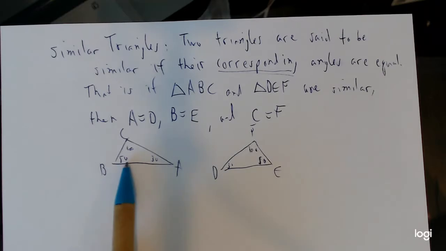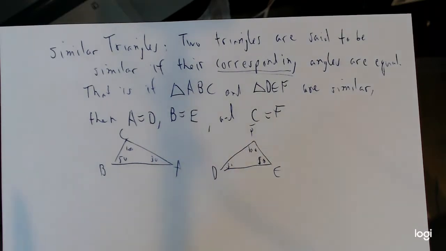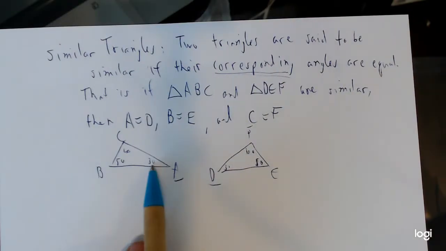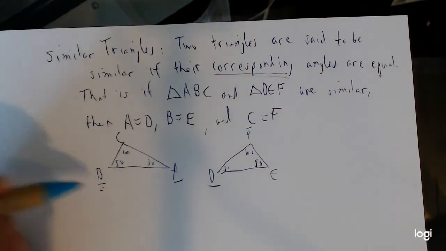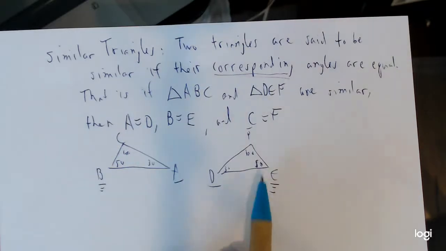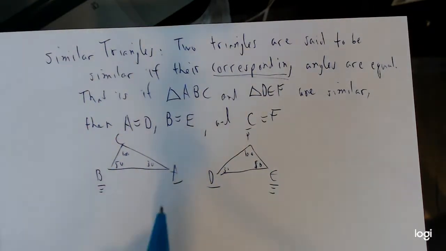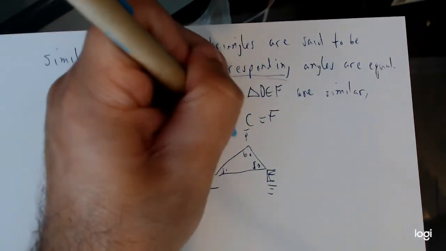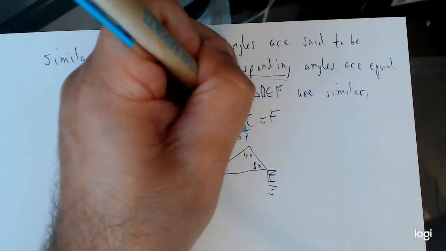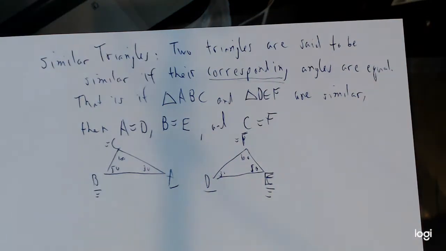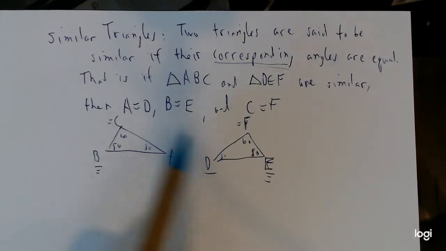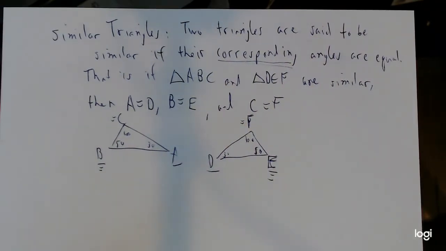Because the angles are all the same. A and D are corresponding because they're both the 30s. B and E are corresponding because they have the 50s. And then C and F are corresponding because they have the same angle. So how they're drawn, we don't care. We care more about the angles that are matching up. Okay, so just keep that in mind.